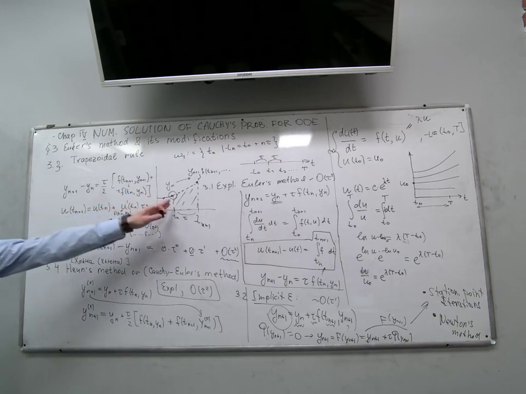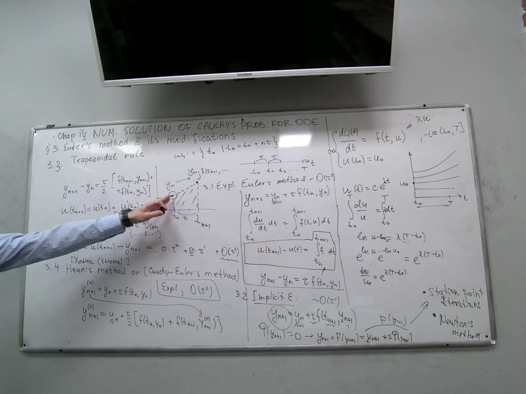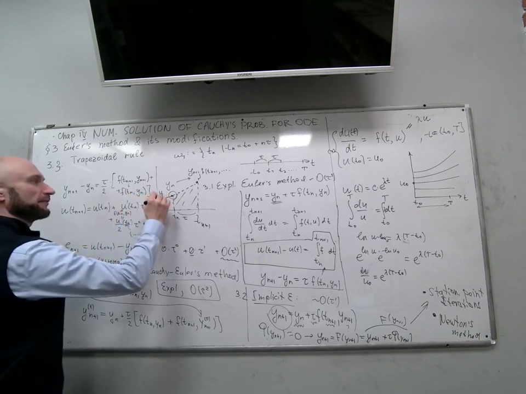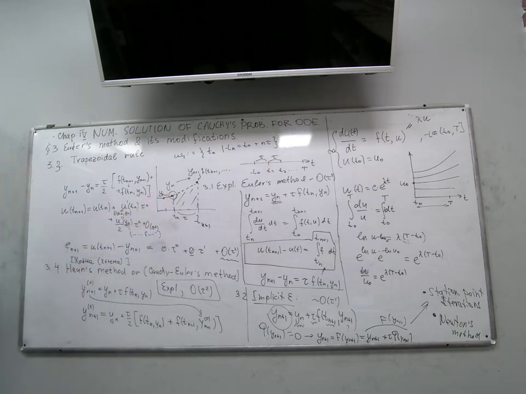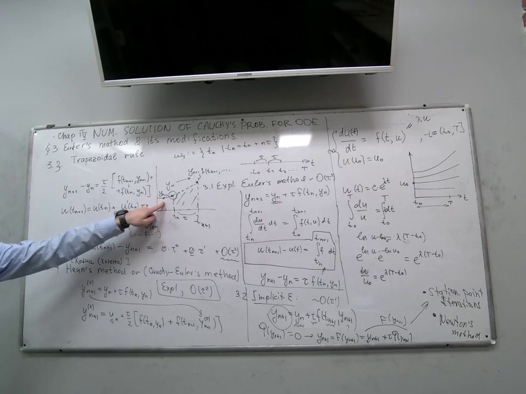Only one value, neglecting the fact that we have previously calculated yn minus 1, yn minus 2, and so on down to y0. We have these values, or can have them, without additional expense. So the natural idea is to employ this fact and use previous values to improve the accuracy of the method.